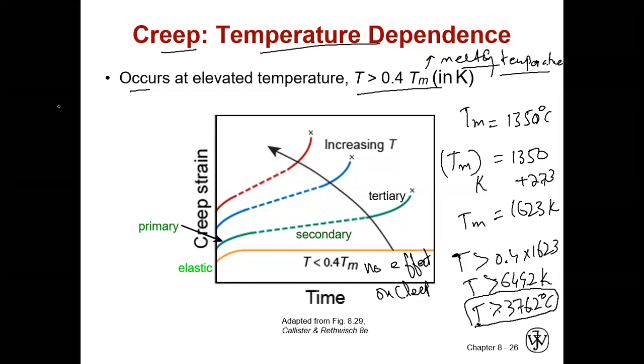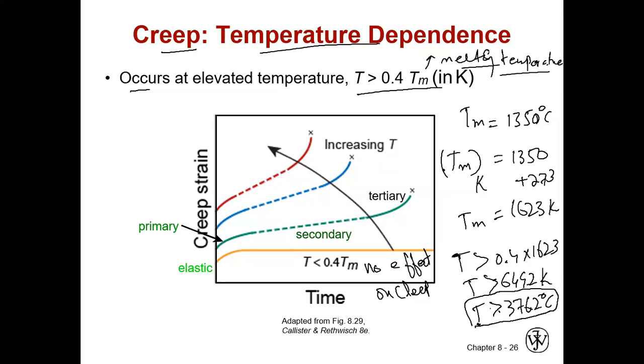Okay. Continue. So creep temperature, as I told you: if my temperature is greater than 0.4 times the melting temperature in Kelvin, then there will be a significant change in the shape of the creep graph, right?